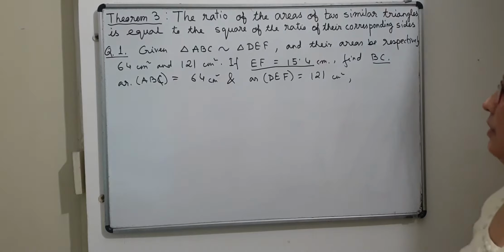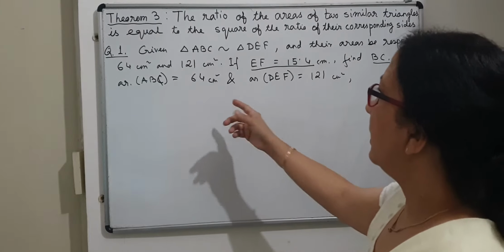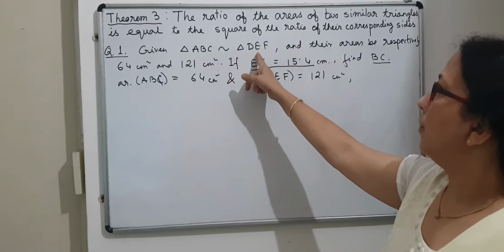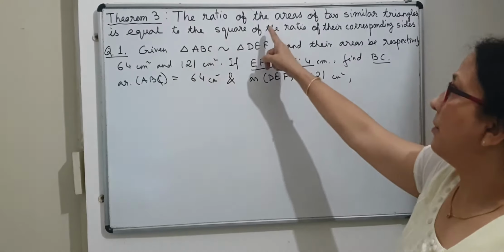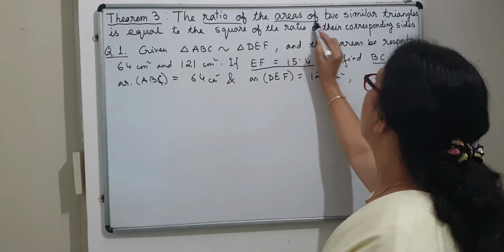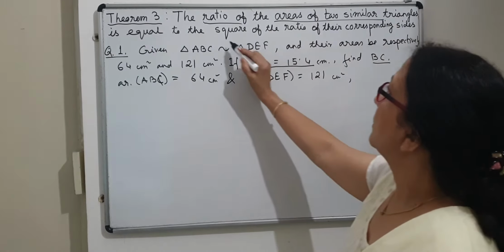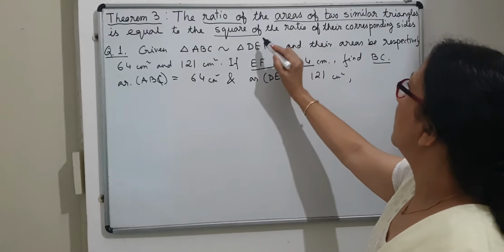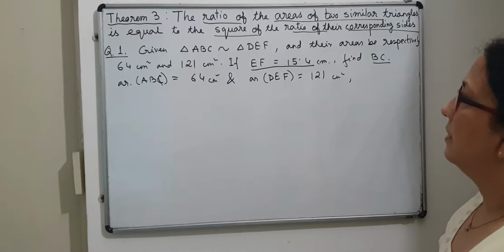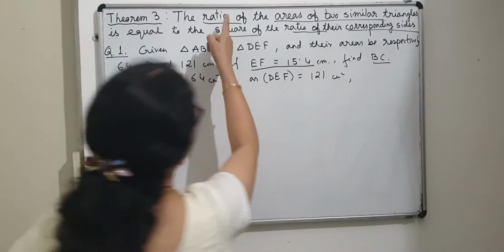This is the question. So whenever areas of similar triangles are given, we obviously will think about this theorem. Why? Because the ratio of the areas of two similar triangles is equal to the square of the ratio of their corresponding sides. So straightforward, we'll use this theorem.